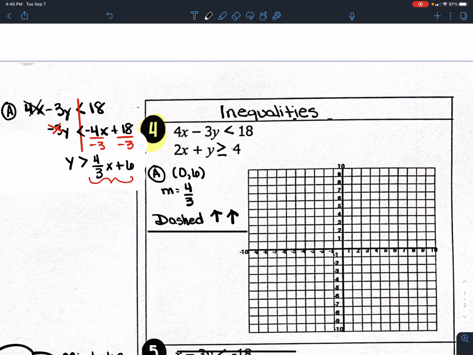Okay, starting at 0, 6. Then going up 4, right 3. Or going down 4, left 3. Okay. Again, that is a dashed line.